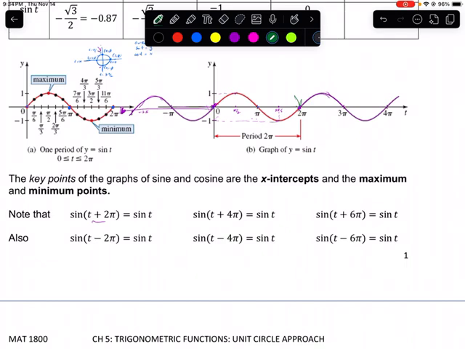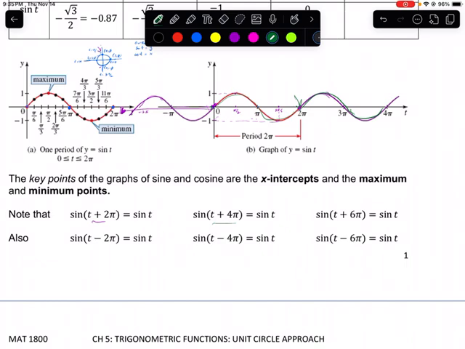You will get the same graph, because this is similar to the piece between 0 and 2 pi. So the 2 pi doesn't make any difference to the graph. In other words, if I look at the graph from 2 pi to 4 pi, it's the same piece. The same thing will happen if you start at 4 pi, you will get the same graph, and so on.